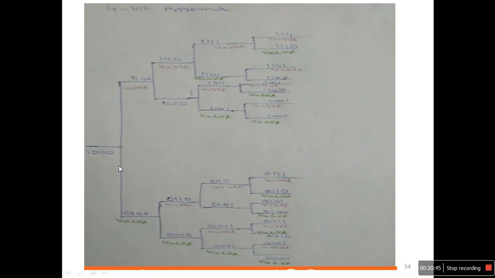So if you observe this one, for 4 bit, initially when start of conversion is pressed, that is start conversion, the SAR sets the MSB as 1, that is 1000.